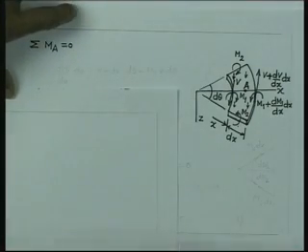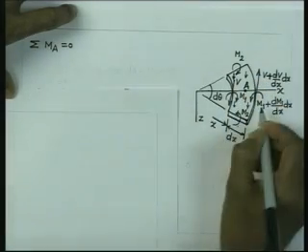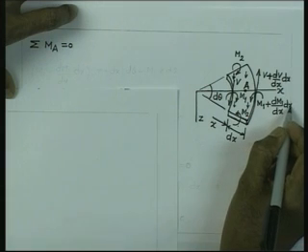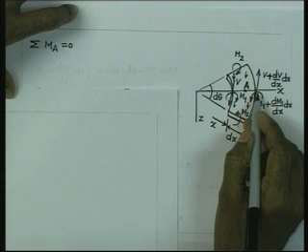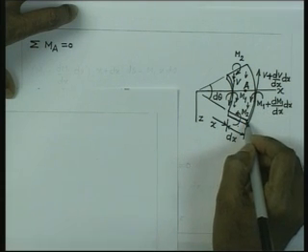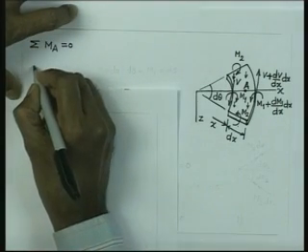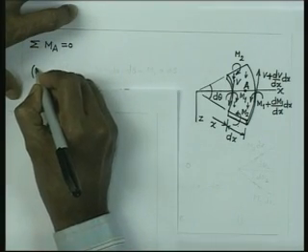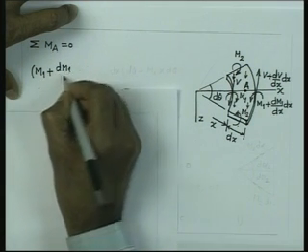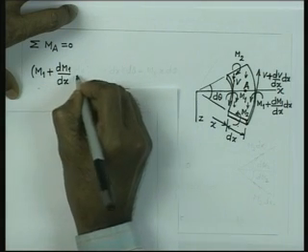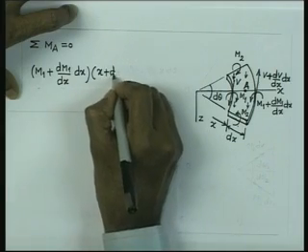First of all, let us consider this moment, let us say that is positive, and it is m1 plus dm1/dx into dx acting over a distance of x plus dx into d theta, and of course height, if we consider it to be unity, that will also be possible.